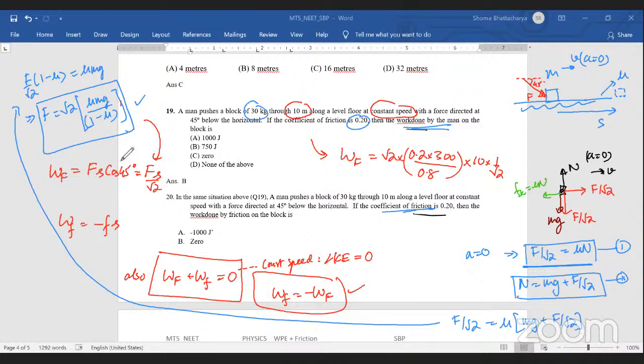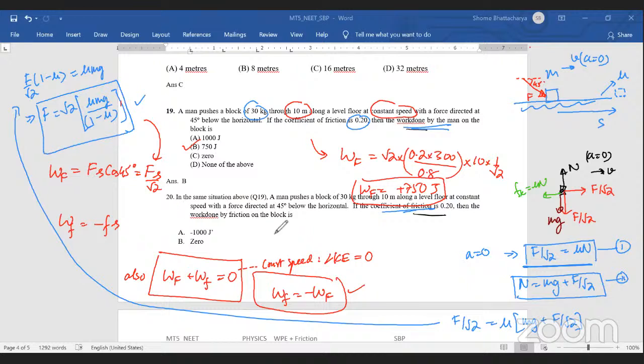This is becoming 300 by 4, that's 75, so it's becoming plus 750 joules. Work done by F is 750 joules. So this is your answer.